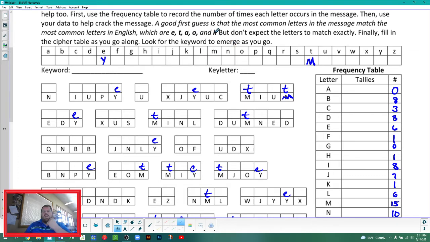A is more popular than I, and in our list, U was more common than N. So I'm gonna keep that list going, and I'm gonna say that U is, I'm saying U is A. A is U, and I'm going to let the N one-letter word be I. So that's the way that I'm going to do that, okay?